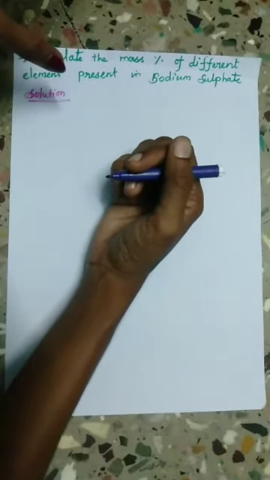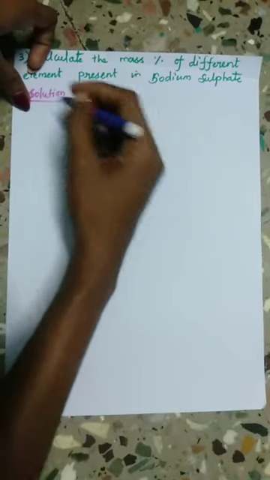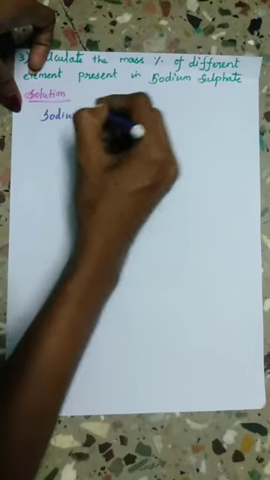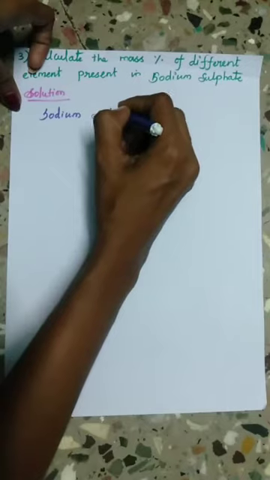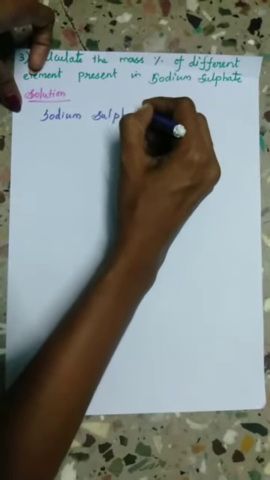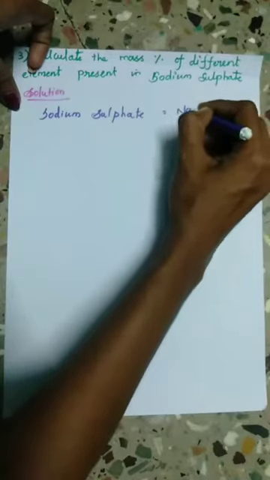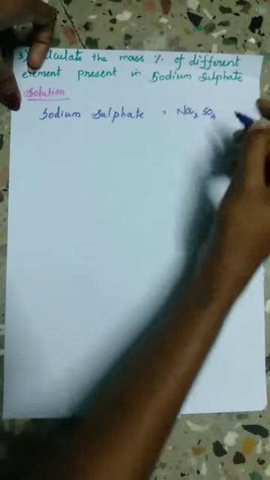Sodium sulfate's molecular formula is Na2SO4.